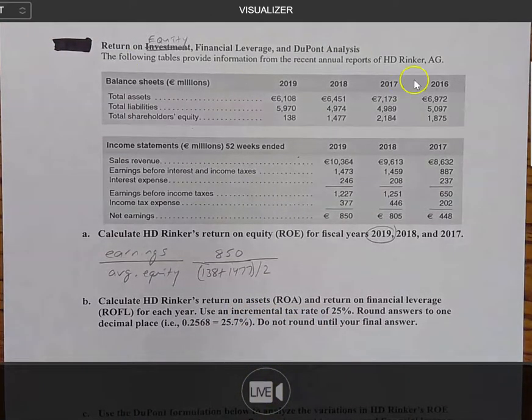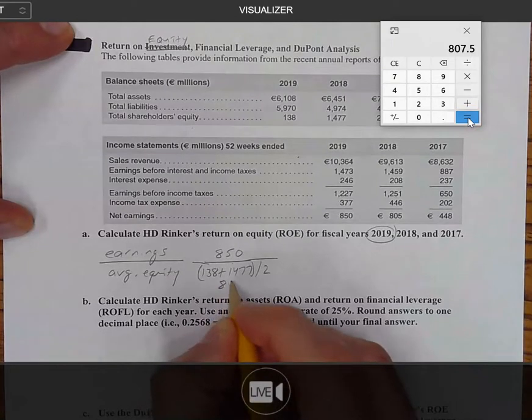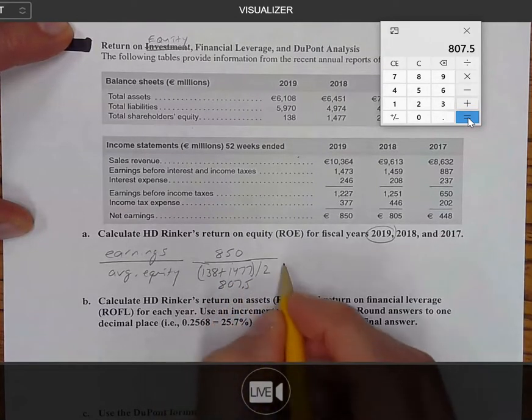So let's bring our calculator over here and do that. 138, that's our equity for 2019. Well, let's see, I made a mistake. 138 plus equity for 2018 is 1477. Okay, and then we're going to divide by 2. That gives us 807.5.